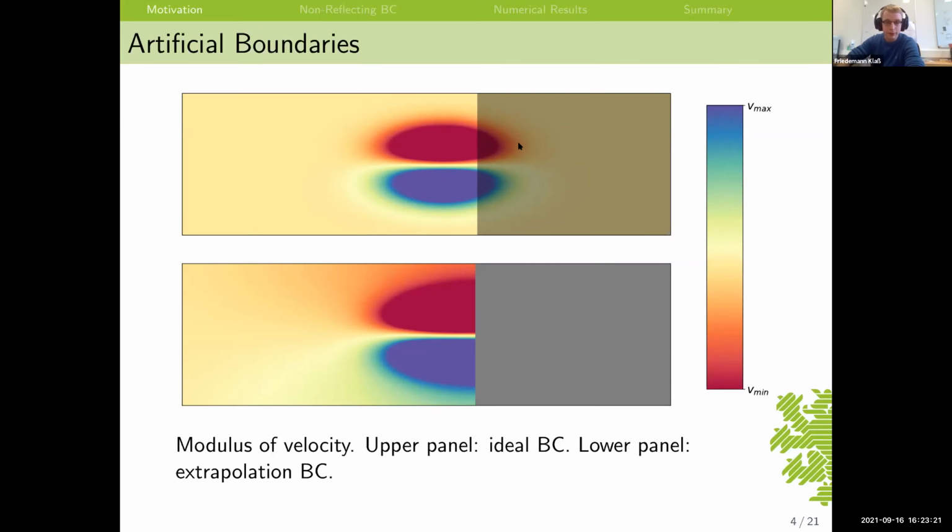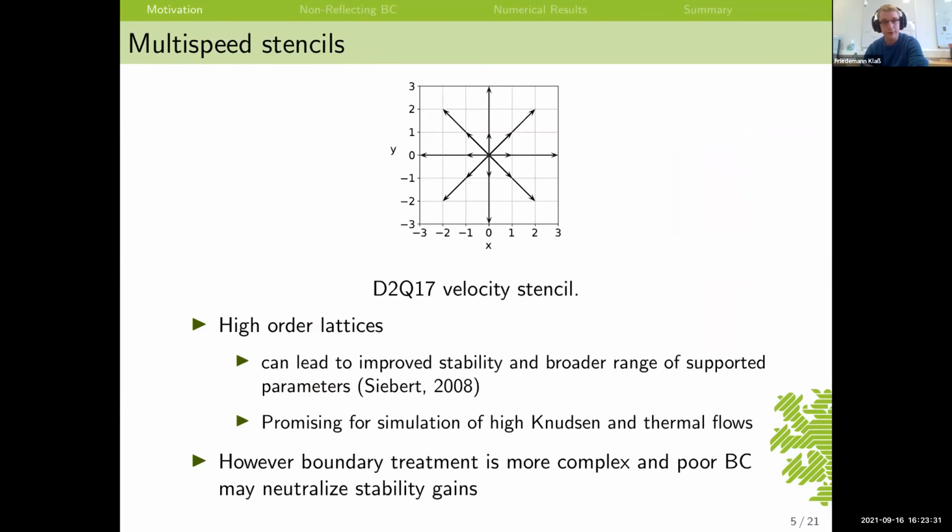Yes, to maybe rephrase here, we need non-reflecting boundary conditions to get rid of these reflections happening here. And for the second part of the words in this title, it is about multi-speed velocity stencils, and typically multi-speed velocity stencils come from a higher order, typically Gauss-Hermite quadrature of the velocity space.